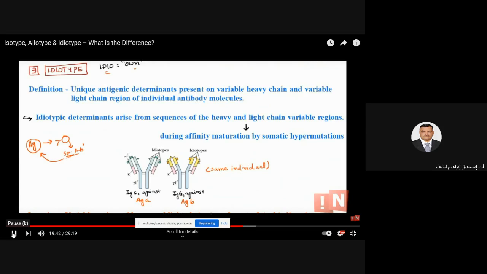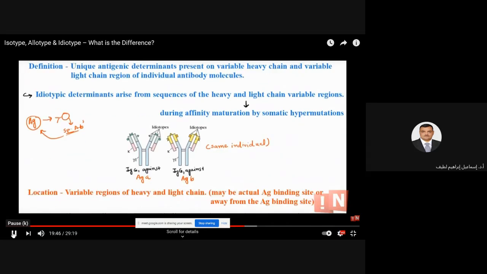And this is because of the variable region, right? That's why it is called the variable region, which recognizes the antigen.